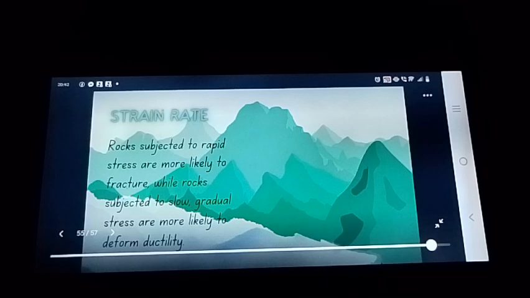So strain rate is a crucial factor in determining how rocks deform. Rapid strain rates favor brittle behavior, while slow strain rates favor ductile behavior. This explains why earthquakes cause fractures and faults, while plate tectonics, which operates over long time scales, leads to the formation of folds and other ductile features.